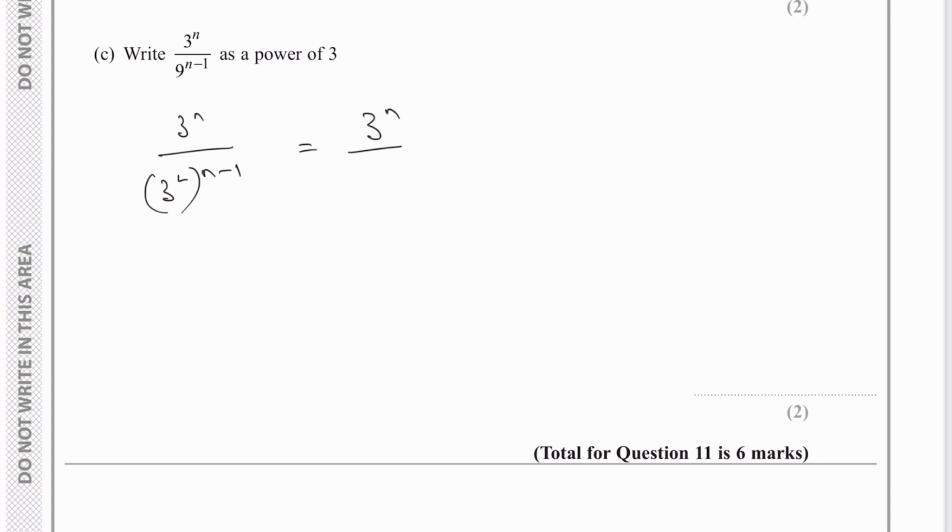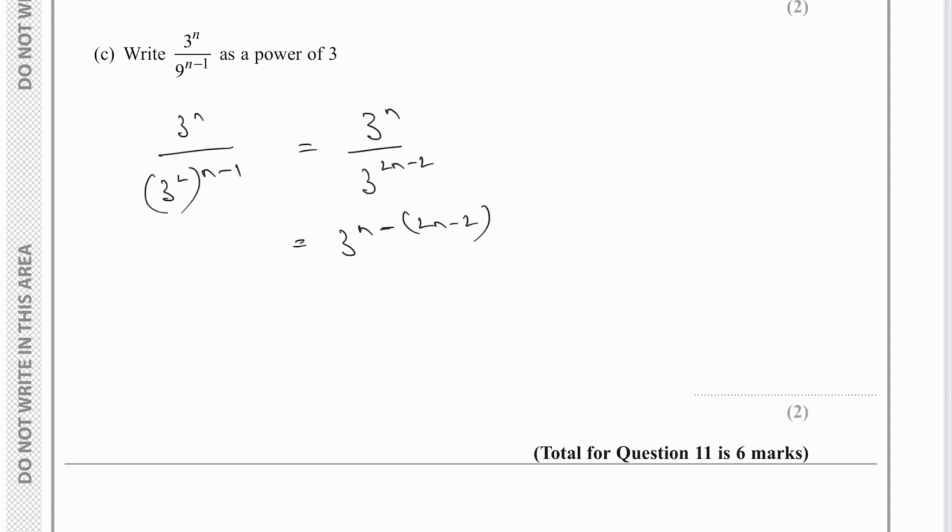The denominator I need to multiply out, so I get 3 to the power of 2n minus 2. Okay, now when we're dividing, which we are effectively with this fraction, we need to subtract the powers. So therefore I'm going to get 3 to the power of n minus, and be very careful here, it's going to be 2n minus 2.